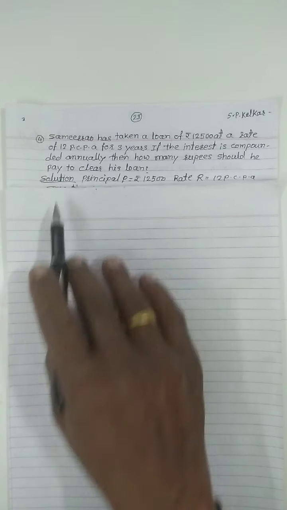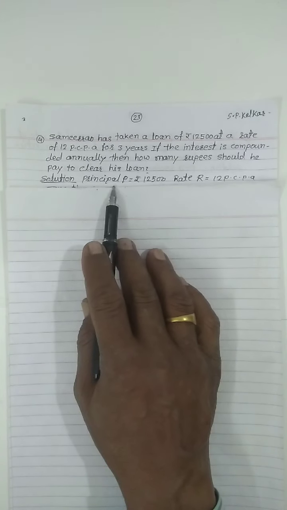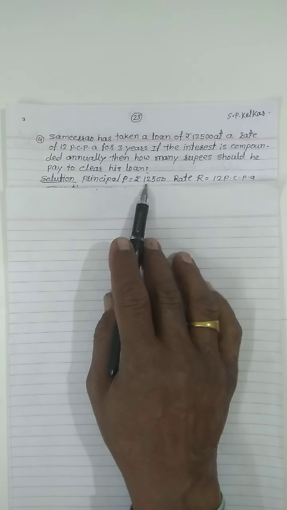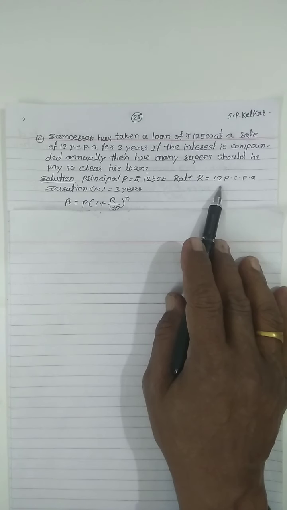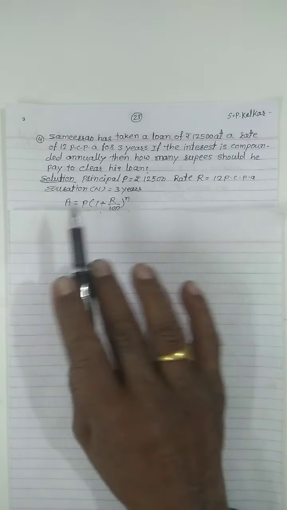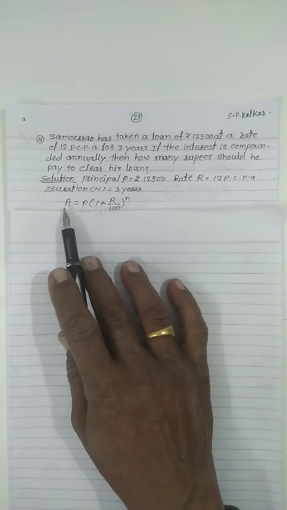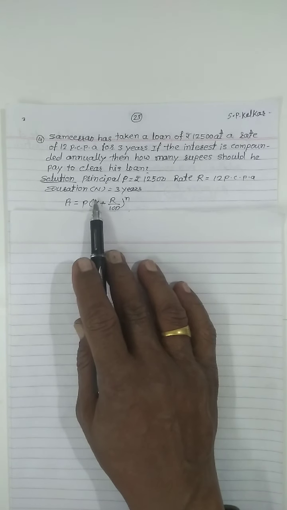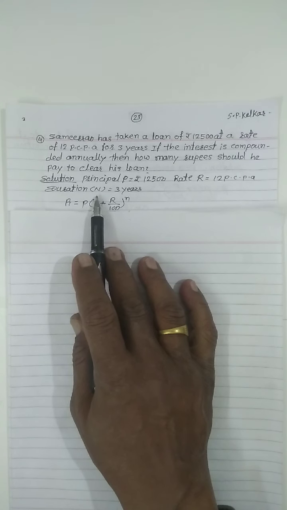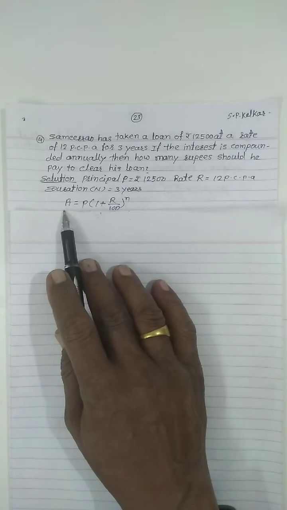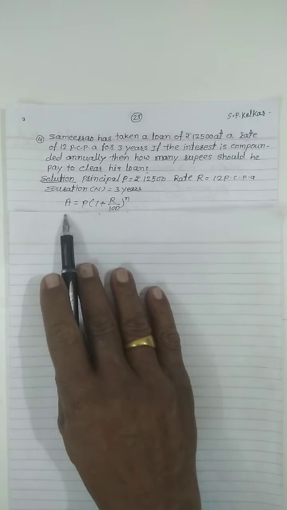Now see the solution. Principal amount P equal to 12,500, rate of interest R equal to 12 percent per annum, then duration n, means time period, equal to 3 years. Now we write down the formula for compound interest.